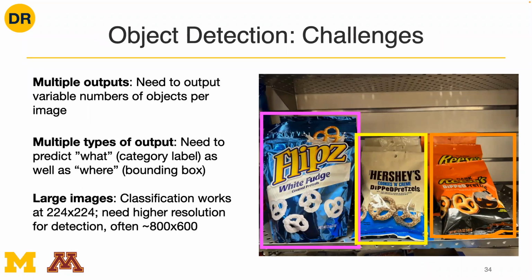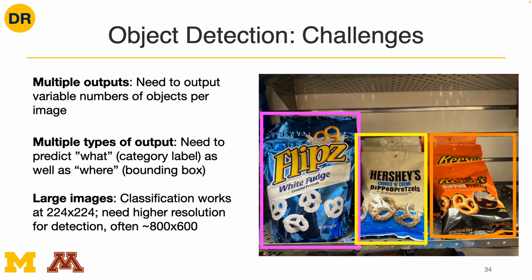A few challenges in object detection. One is you have multiple outputs. It's not like image classification, which takes one image and gives you one label. Here, that image might have a variable number of objects.